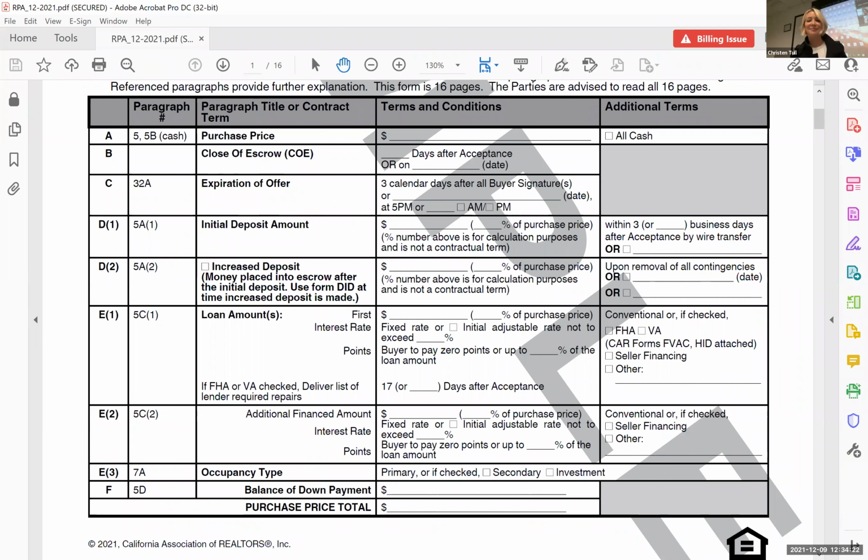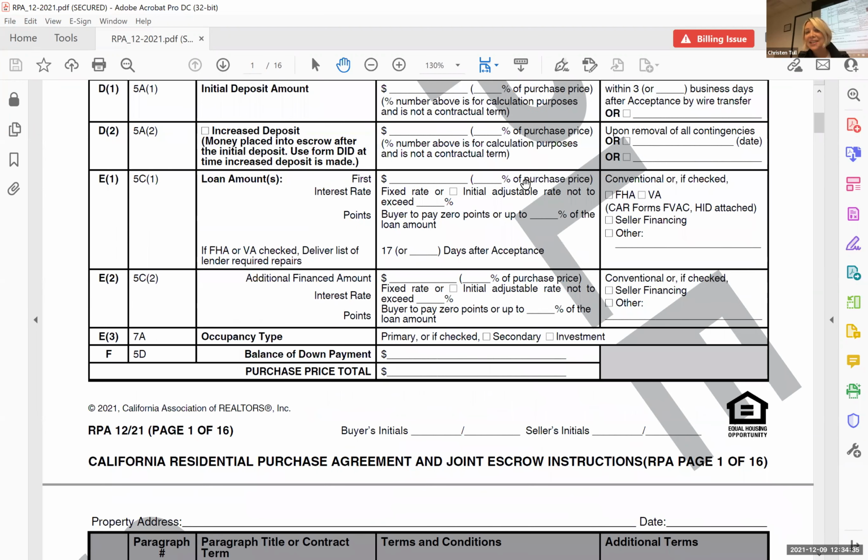Oh, my God. Yeah. Can everybody at home still see the RPA? Yes. Okay, great. Great. Yeah. And I guessed it, huh?